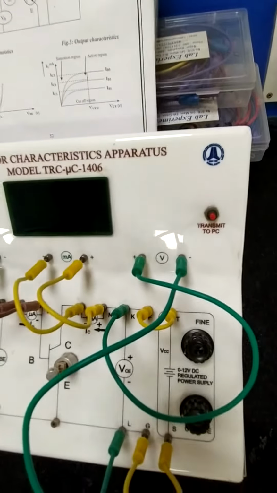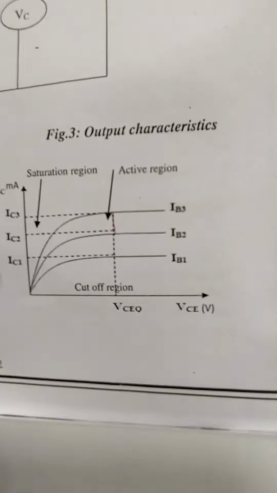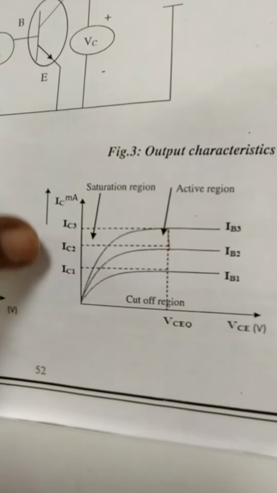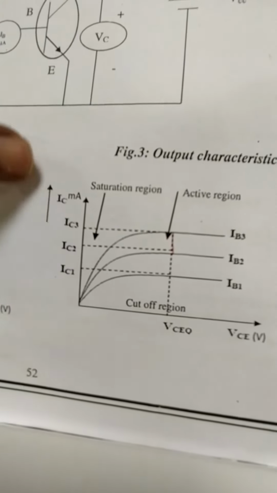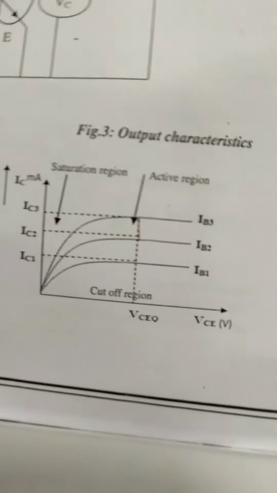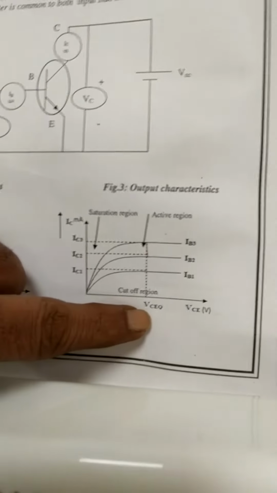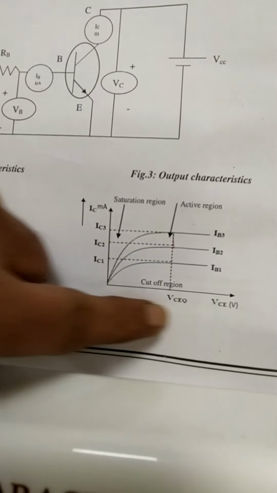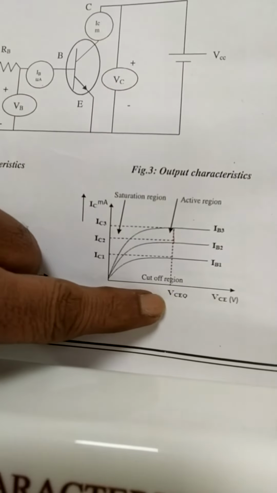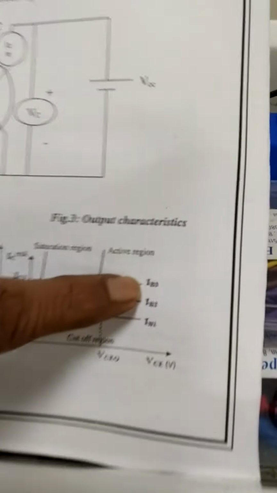So the relation between VCE and IC at constant IB is called output characteristics. Here I am going to take the collector current along the y-axis and VCE, the output voltage of the transistor, along the x-axis, at constant IB.